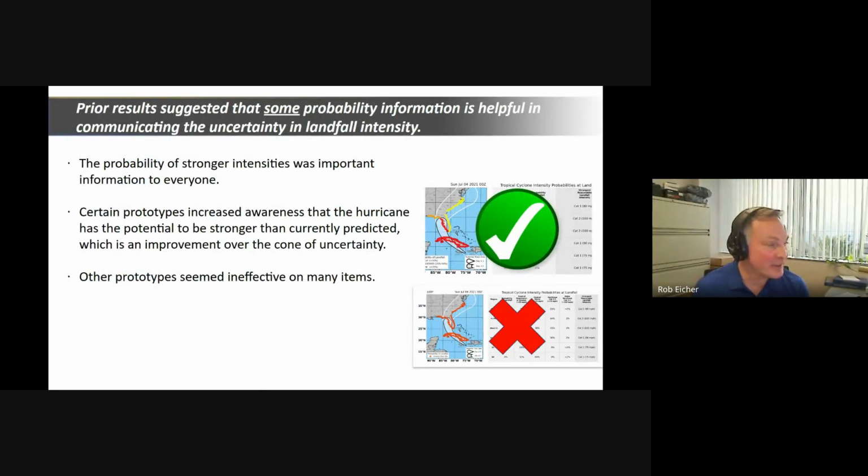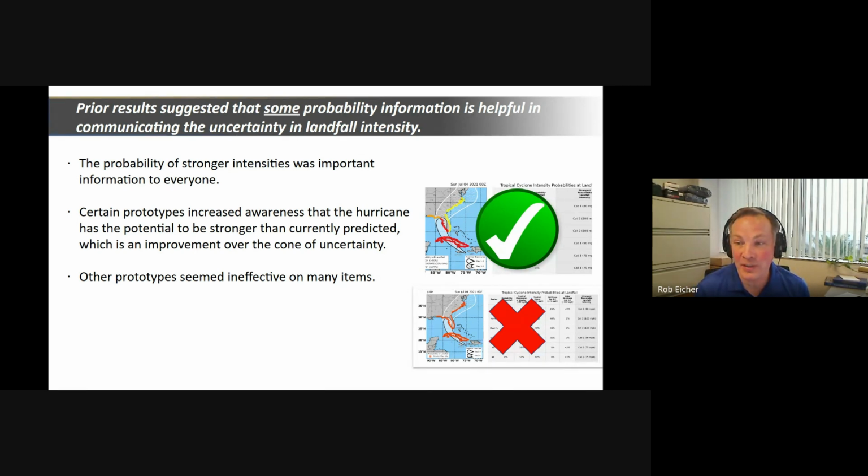Next slide. What we found when we surveyed about 1,100 Florida residents is that some probability information seemed to be helpful, but there was definitely a point of diminishing returns. We also asked the survey participants what information is most important to them in a product like this. And overwhelmingly, they wanted to know the possibility of strongest intensities, and what the strongest possible intensity could be.